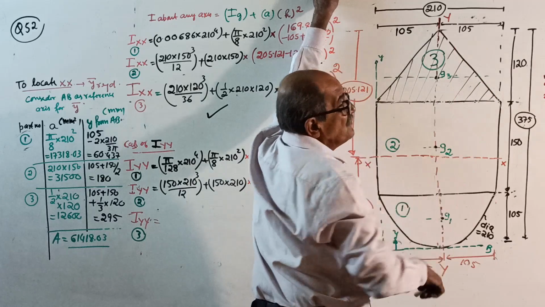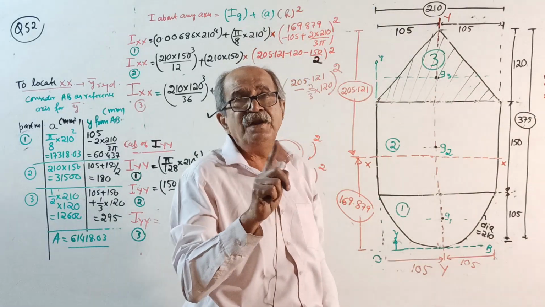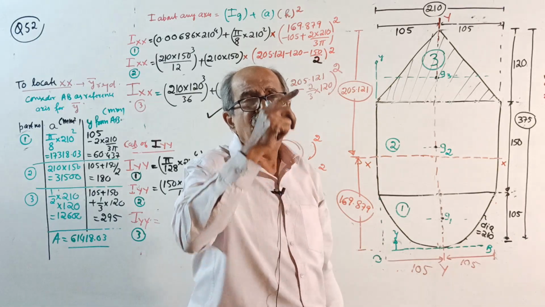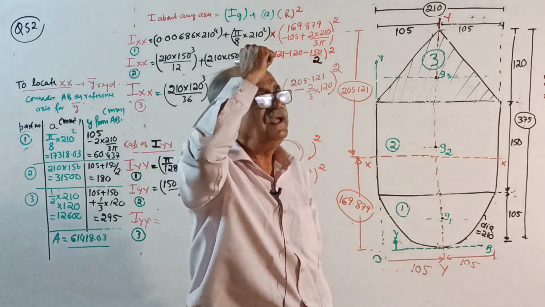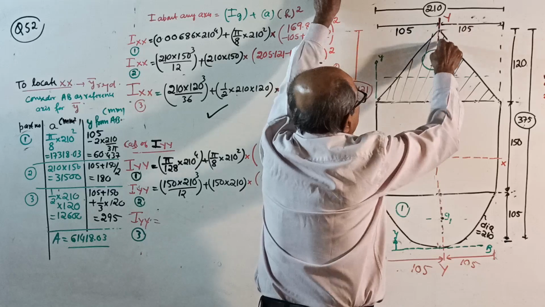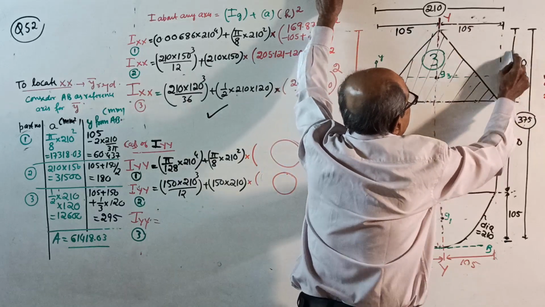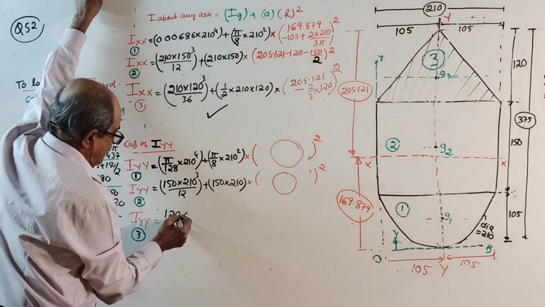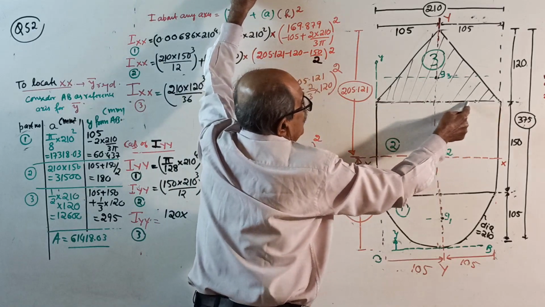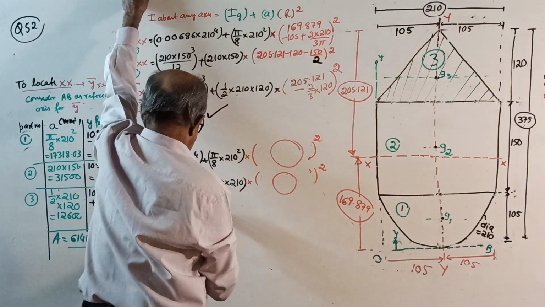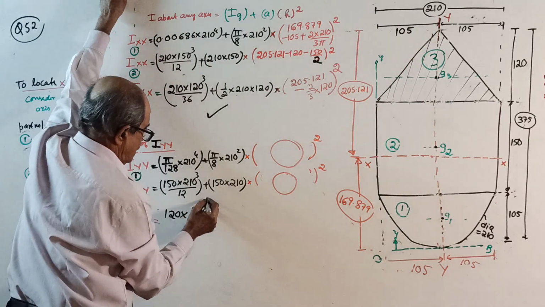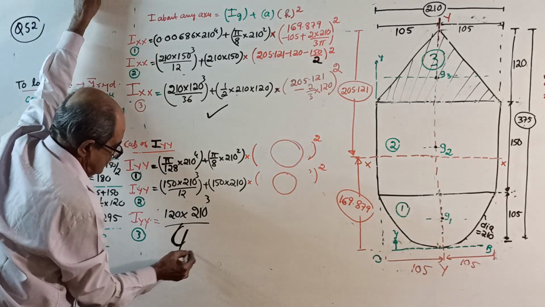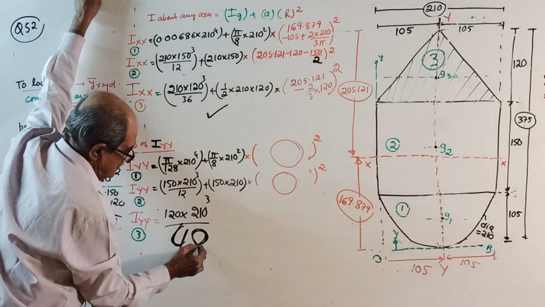It's a common base. If the common base is not at the edge, if it is in between, then the moment of inertia, I told repeatedly, if you want I about this axis, the parallel side 120 into the perpendicular full side, how much? 210 into 210 cube by 48.